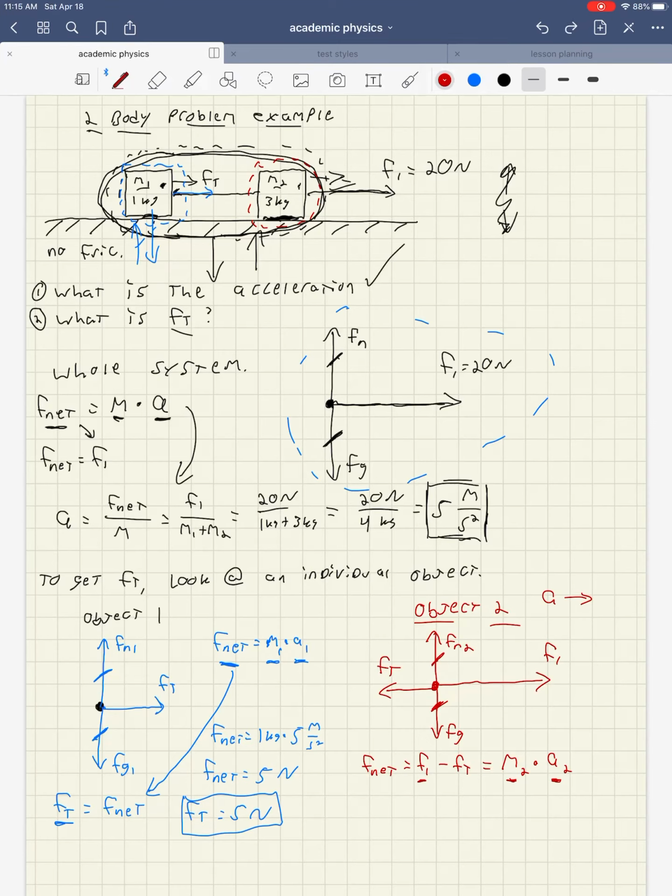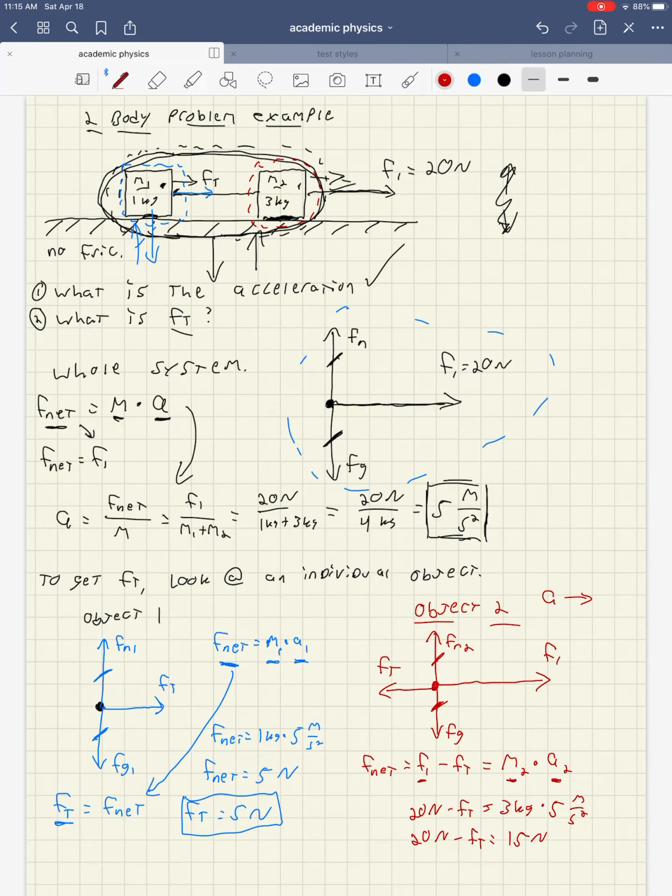So let's do that. F1 is 20 newtons minus Ft equals my mass, which is 3 kilograms, times my acceleration, 5 meters per second squared. So it's going to be 20 newtons minus Ft equals 15 newtons.